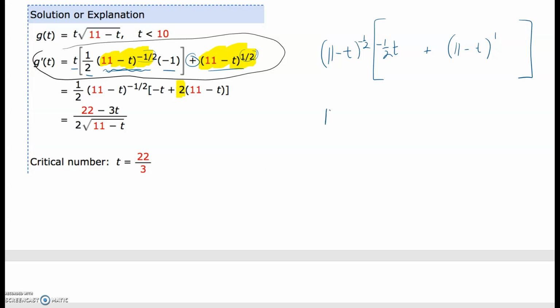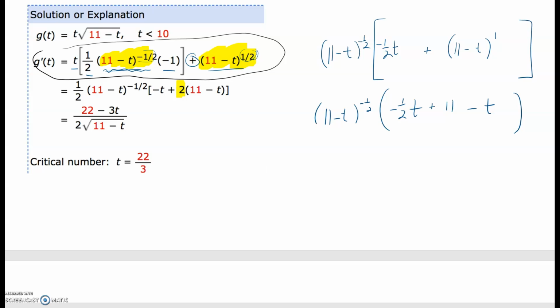So if I go another step, I got 11 minus t to the negative 1/2, and then I can just drop the parentheses because there's no operation here, so I end up with negative 1/2 t plus 11 minus t.